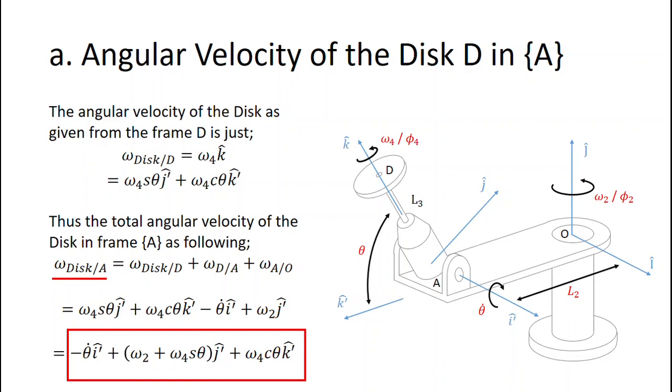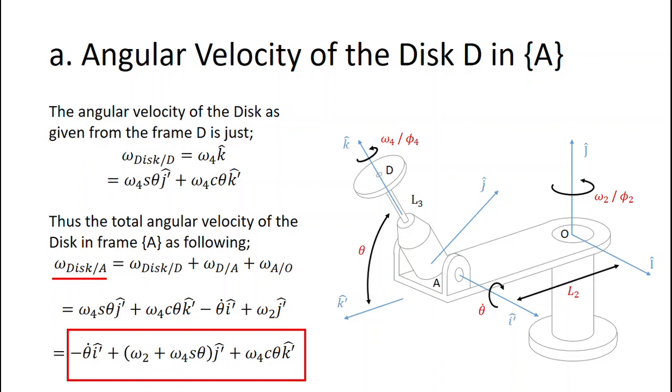So the angular velocity of the disk projected in the A frame, and then the angular velocity of the frame A itself in the inertial frame, or this frame centered at O. Then we just add these three terms, and it turns out to be minus theta dot i prime. Again, that negative theta dot represents the direction opposite to the i prime direction, and we have omega 2 plus omega 4 sine of theta along the j prime and omega 4 cosine of theta along k prime. This is pretty straightforward, just vector addition.